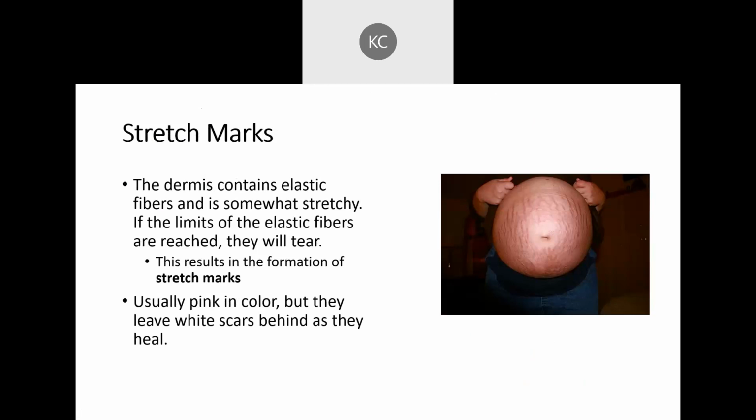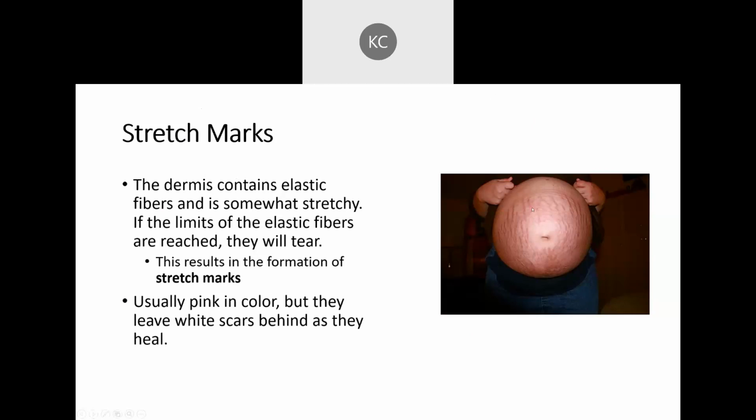They have some degree of stretch, so we know that they can stretch out and then recoil. It's like a metal slinky. If you ever used one as a kid, you stretch it out nice and long and it recoils. But then you stretch it out too far and it becomes stuck, right? You stretch it just to the point where it's unable to go back to its normal shape.